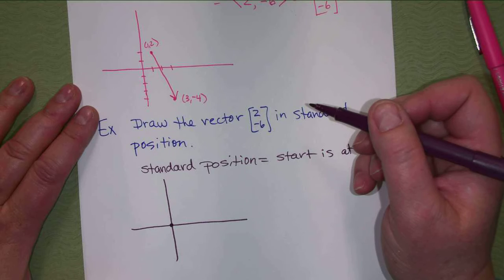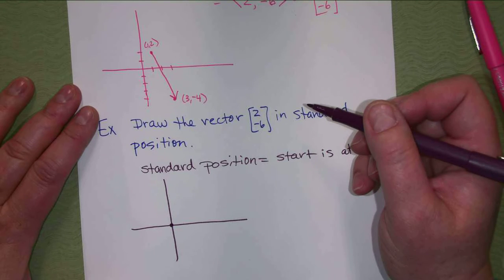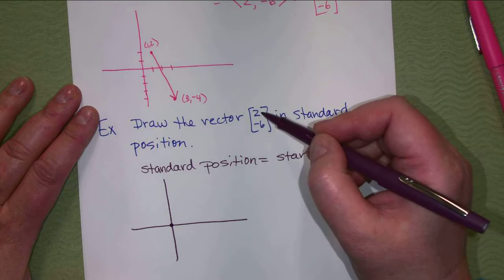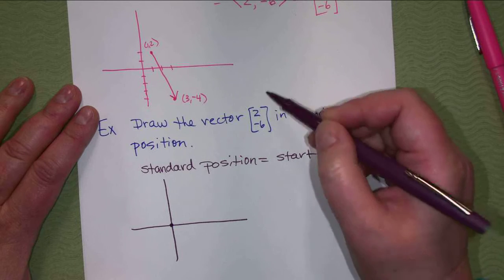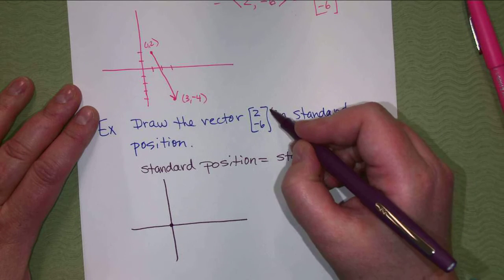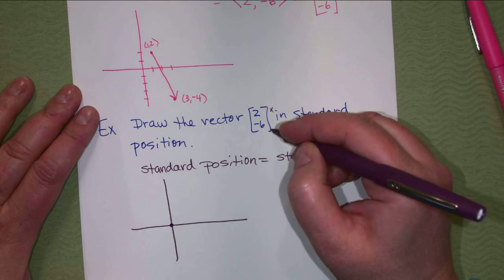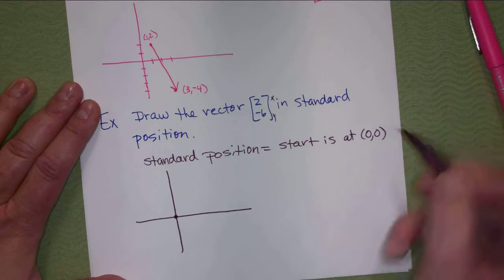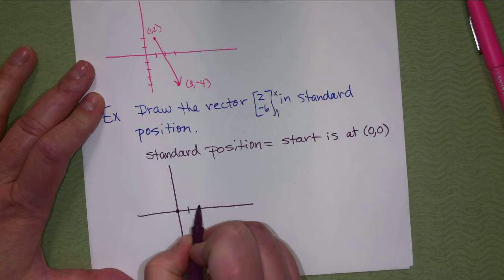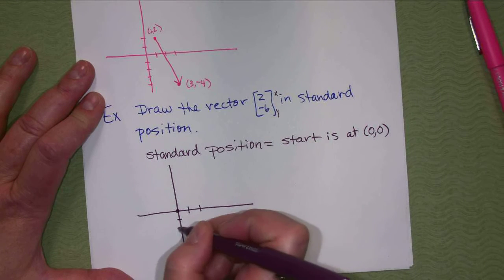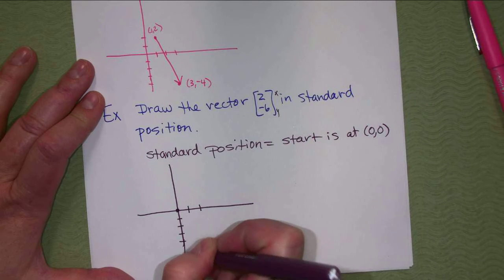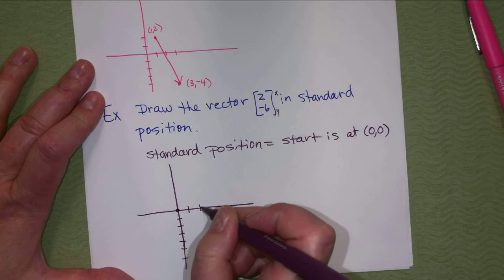And when you're doing a slope, you would say, go over 2 and down 6. And that's how this goes. This is the x. So go 2 in the x direction and negative 6 in the y direction. So we go 2 in the x and negative 6 in the y.